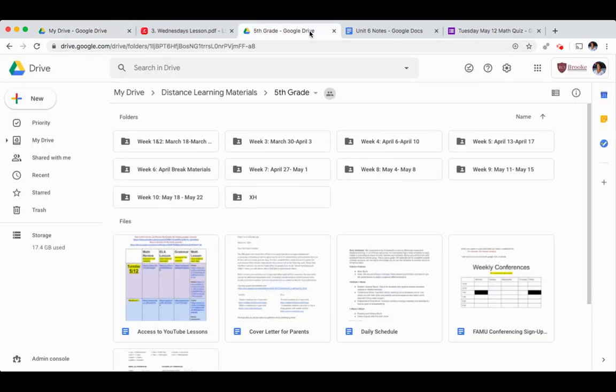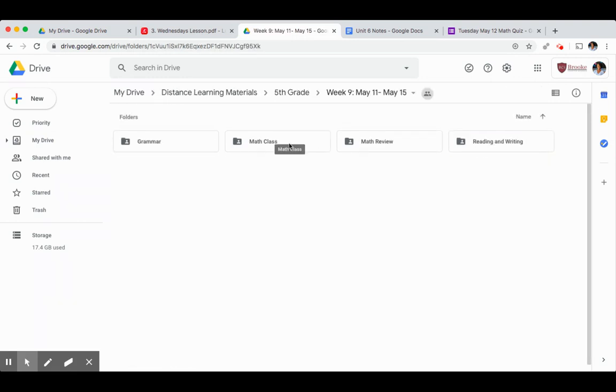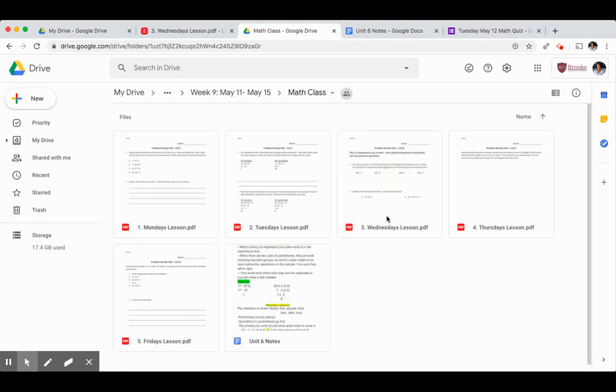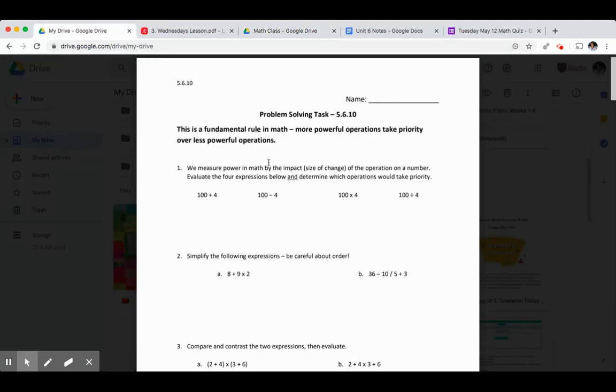To do that, you'll open up Distance Learning for 5th grade, click on Week 9, click on Math Class, and then today is Wednesday, so you'll open up Wednesday's lesson. This way you'll be able to view the problem separate from the video so that you can do the work without having to review the answers.